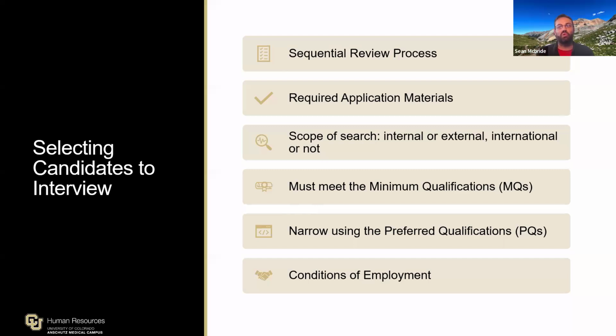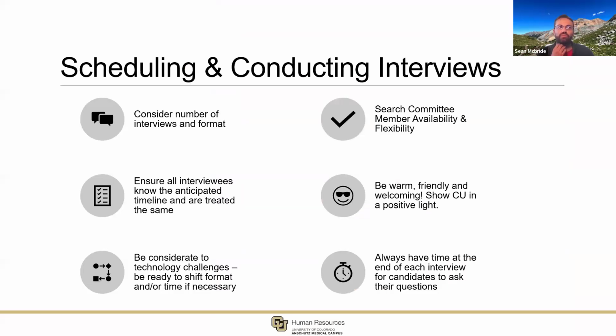And that's, again, part of that sequential review process. And of course, the scope, considering can you sponsor visas or not? Are these candidates willing and able to meet the conditions of employment, like travel or environmental hazards or laboratory hazards or whatever it may be? All right, next slide, please.